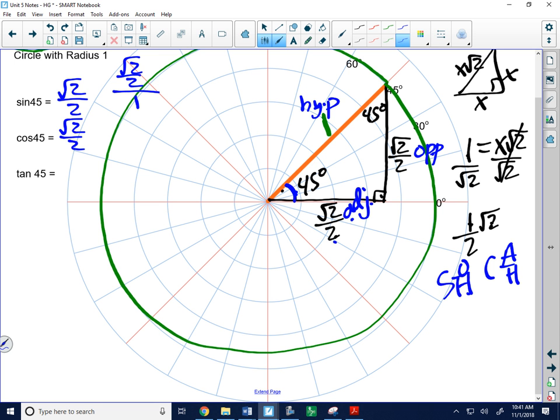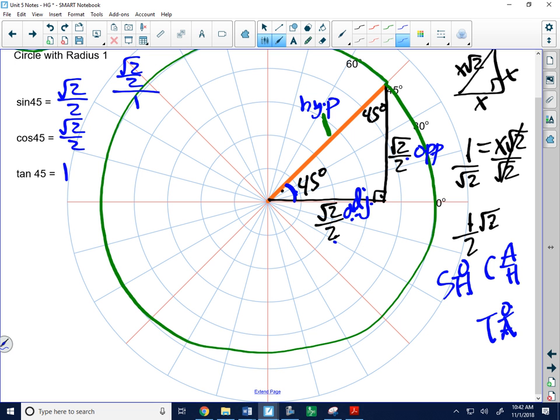And finally, tangent, TOA, tangent of 45 is opposite over adjacent. What happens there? Yeah, it's just 1. Because it's radical 2 over 2 divided by radical 2 over 2. It's the same thing, so it's 1. You notice the last question from the practice was about that.